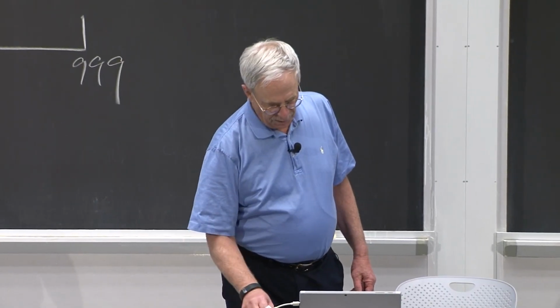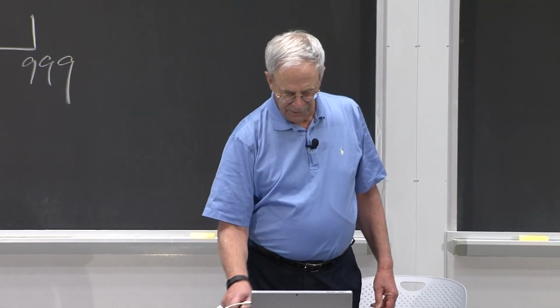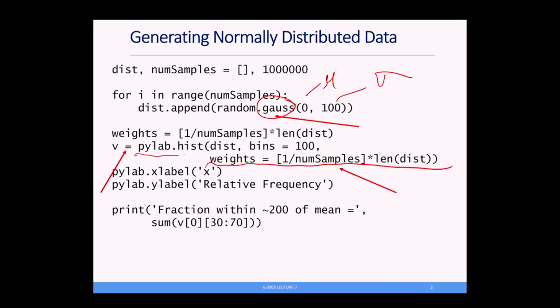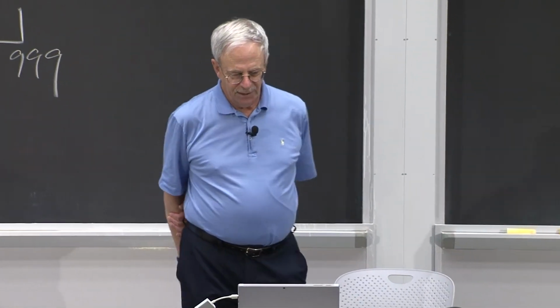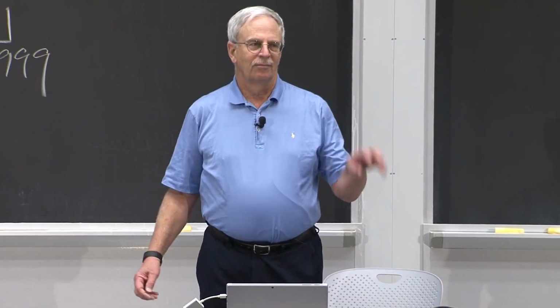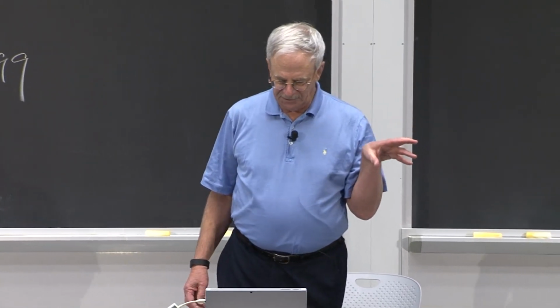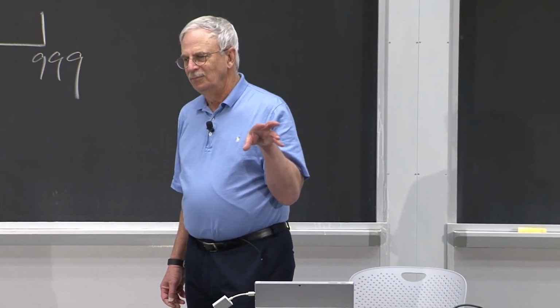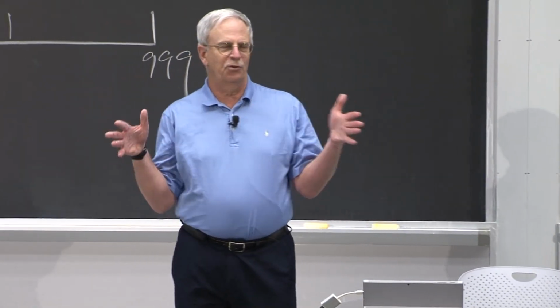The other new thing I'm doing here is that the plotting commands, including pylab.hist, many of them return values. Usually I just ignore that value and we just say pylab.plot or pylab.hist. Here I'm taking the value. The value in this case for a histogram is a tuple of length 2.